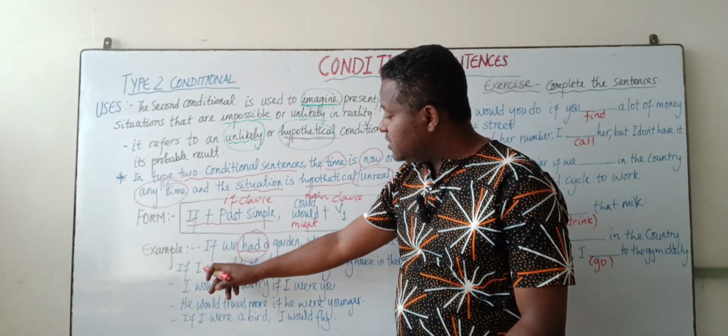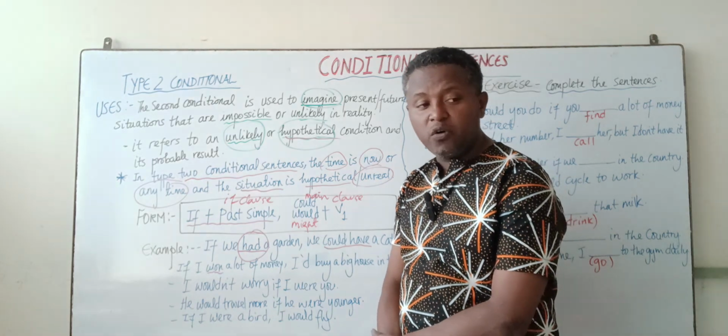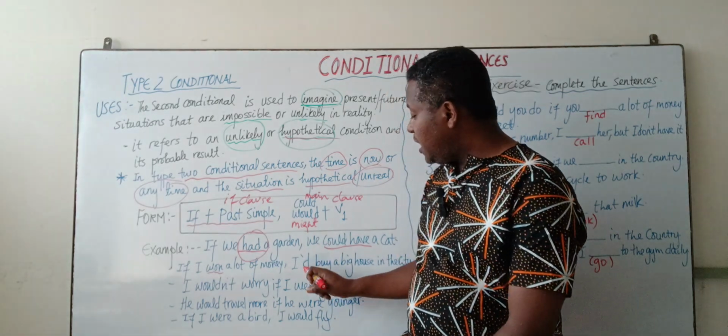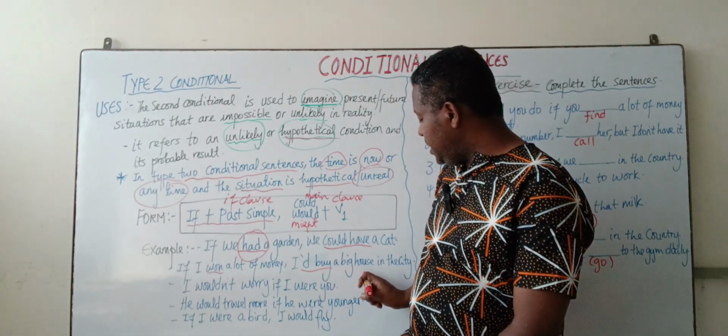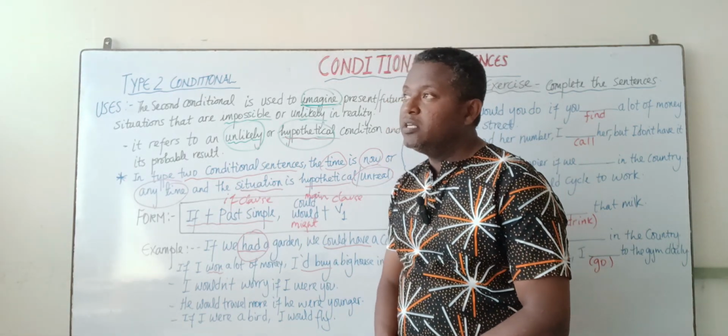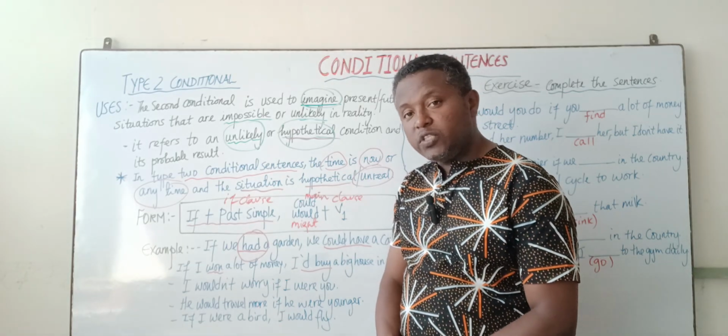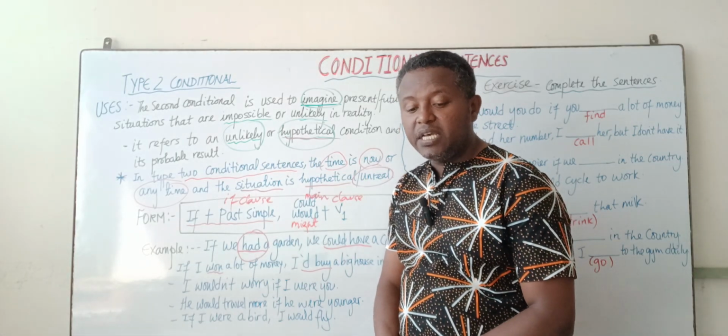And the second situation, if I won a lot of money, I would buy a big house in the city center. So for this person, do you think this person has a big house in a city?